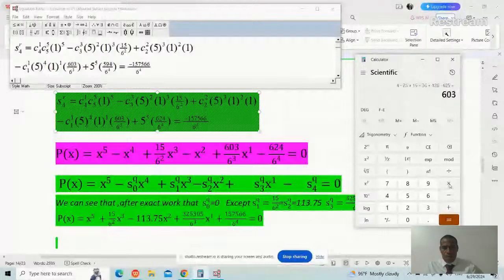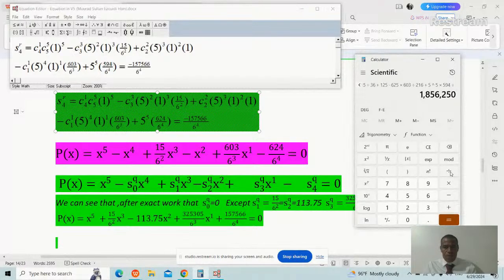603 divided by 216, 6 cubed, plus 5 raised to the power 5 multiplied by 594 divided by 6 raised to the power 4.